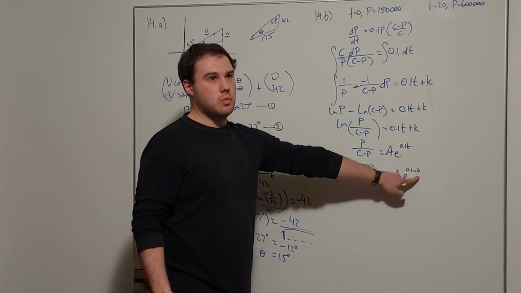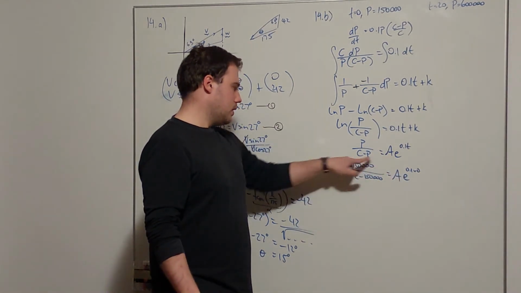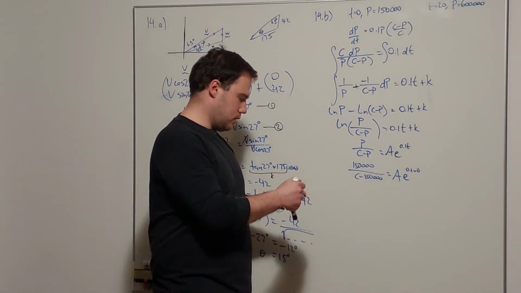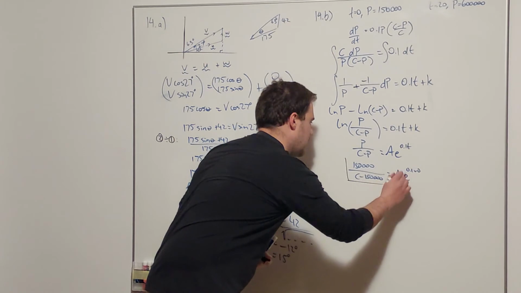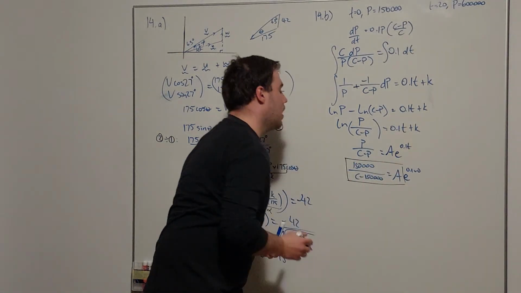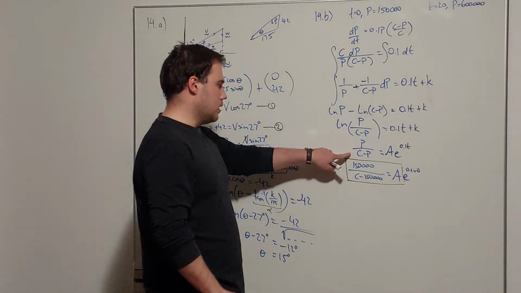Anything to the power of 0 is 1. 1 times anything is itself. So that means that A equals this bit here, right? I'm not going to write that out as A equals that each time, but we do in fact know what A is.